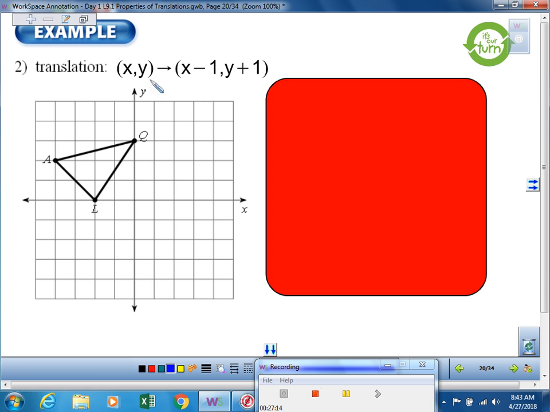Now, when you're given the rule, we're going to translate it, and then we're going to write the other rule, whichever one they don't give us. So what is this telling us? -1. Which direction am I going to go? Left. And then plus is what? Up.